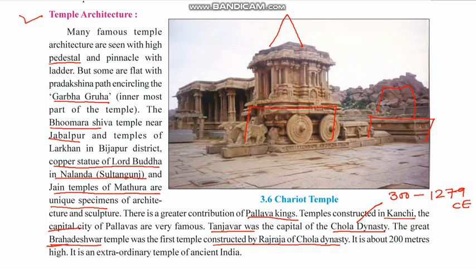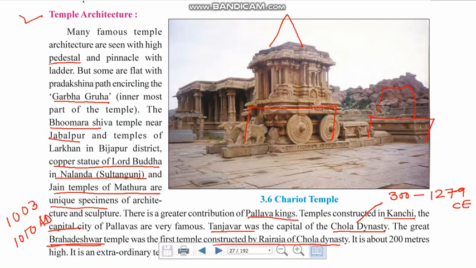The Brihadeshwar temple is also known as the Rajarajeshwaram temple, and it was built between 1003 and 1010 CE by Raja Raja Chola the First.